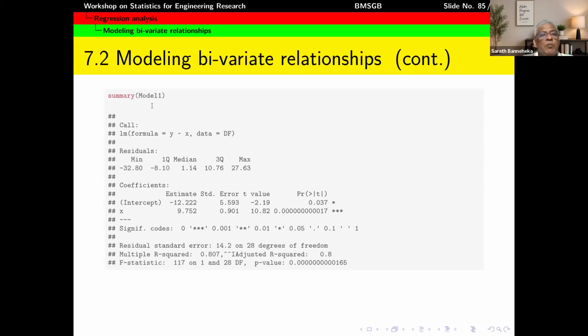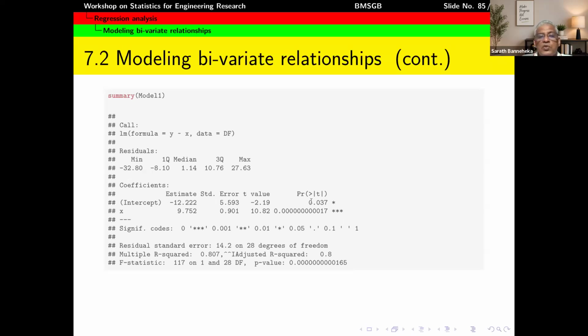For the model, I have also got the summary of model 1. It gives me the fitted model coefficients. The estimated value for beta naught is negative 12.222. The beta 1 term estimate is 9 point something. These are the results of the individual t-tests that I mentioned.